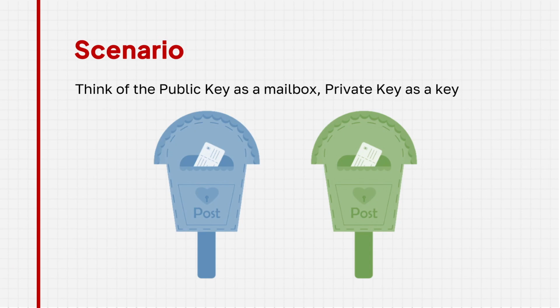Say this is William's mailbox, and this is my mailbox. Make sense? If I want to send a letter to William, and I just leave it in front of the mailbox, is that safe? No, because someone else, for example Nathan, will be able to open it and see the content. So I want this to be accessible only to William.